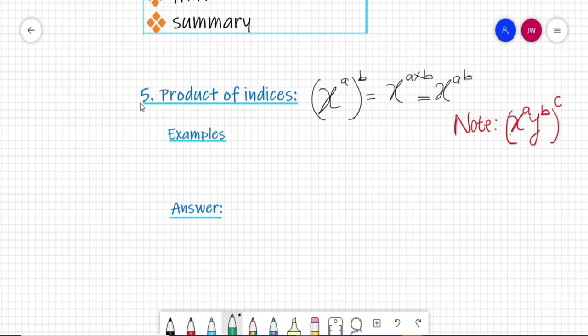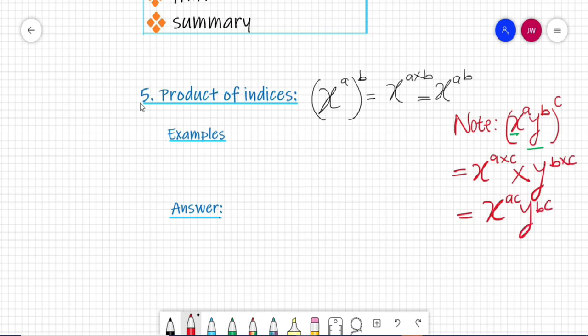It raises both x and y raised to itself. So now this can be further simplified into x raised to the power of a times c multiplied by y raised to the power of b times c. This will finally give us x raised to the power of ac, y raised to the power of bc.